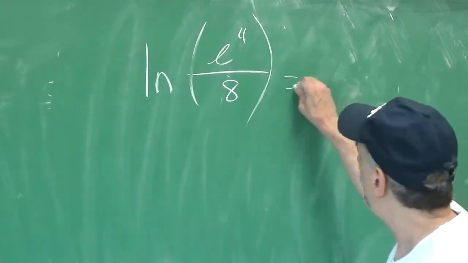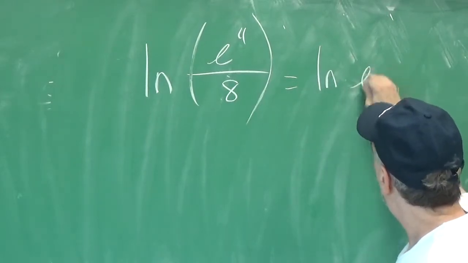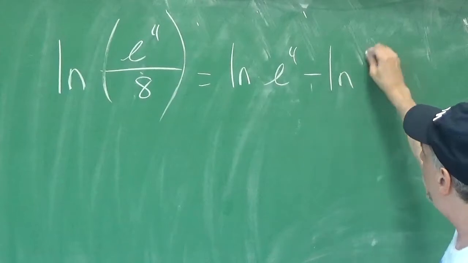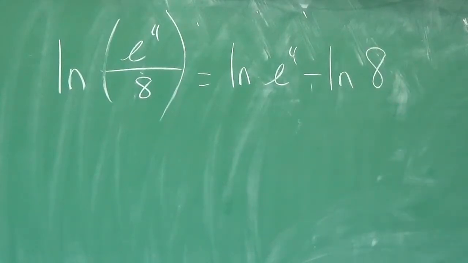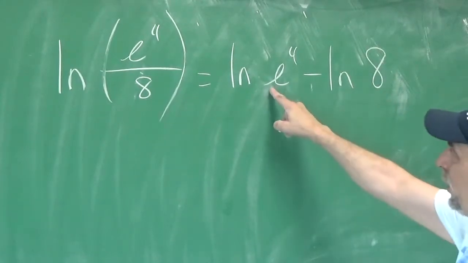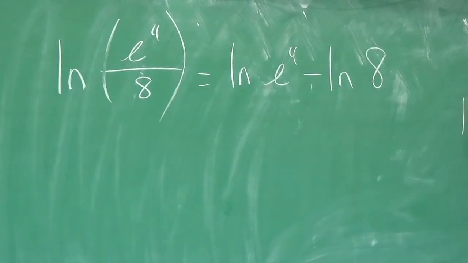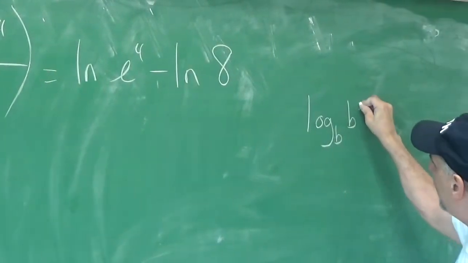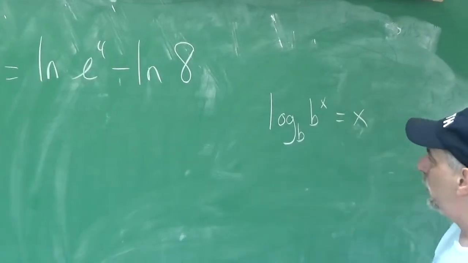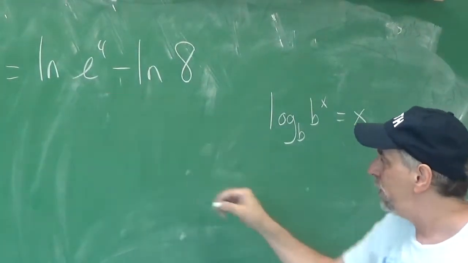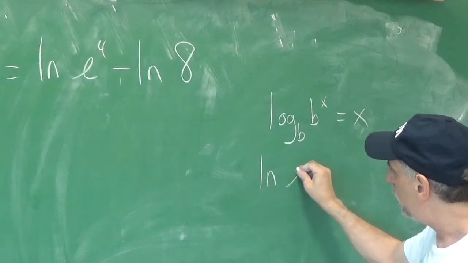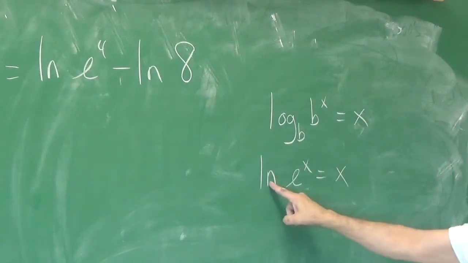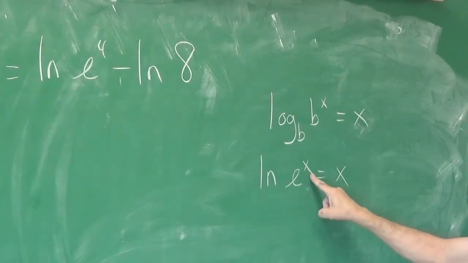So once again, this is a quotient. So we're going to say the natural logarithm of the numerator minus the natural logarithm of the denominator. And now this, remember we looked at this property. We said log base b of b to the x equals x. Well, that is analogous to natural log of e raised to the x equals x, right? Because this is log base e of e to the x.